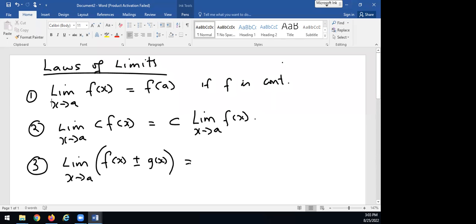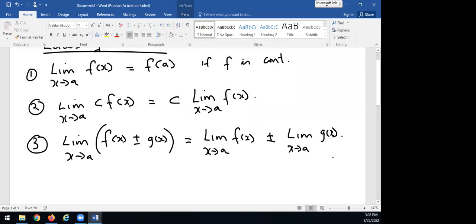So the limit of the sum or the limit of the difference would be the same thing as the sum of the limits or the difference of the limits, respectively. So this would be the same thing as the limit as x approaches a of f of x plus or minus the limit as x approaches a of g of x. You can always split them. If you're adding, you can split the limit. If you are subtracting, you can do the same.